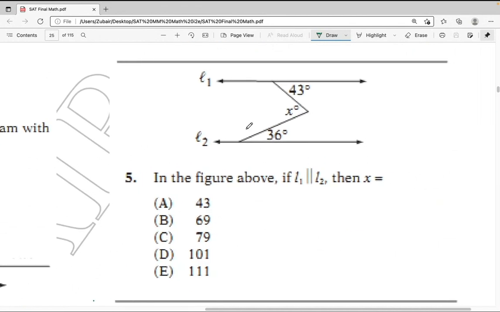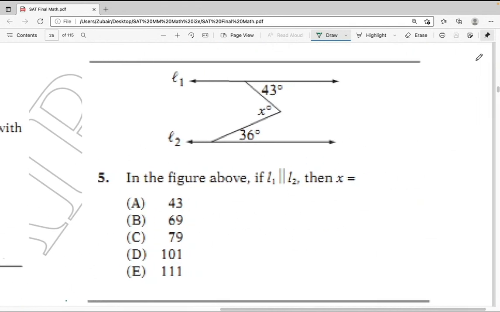Try question number 5. Mahad, you remember these properties? Yes, sir. Okay.